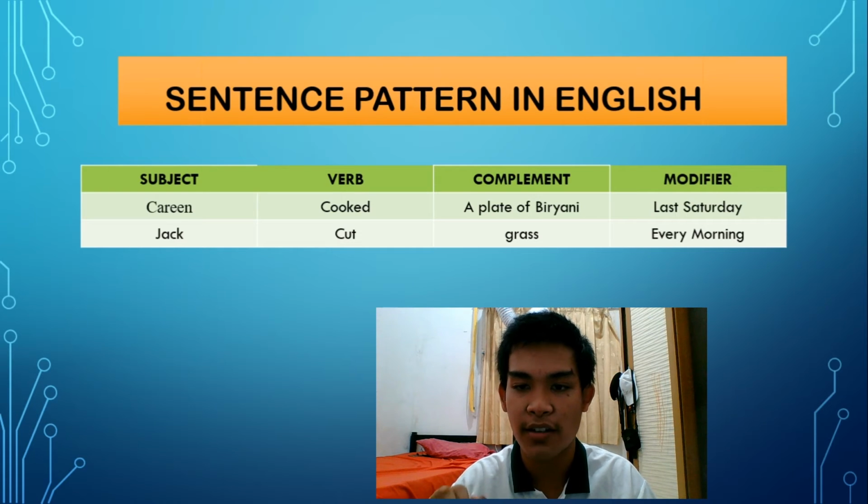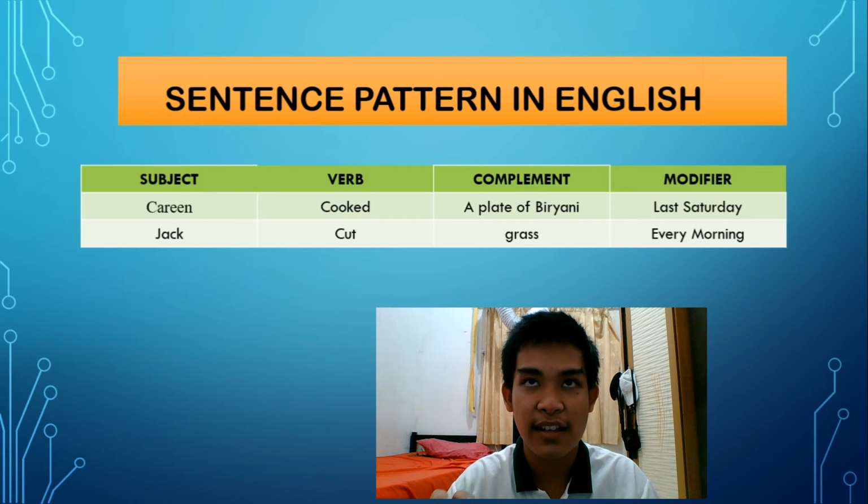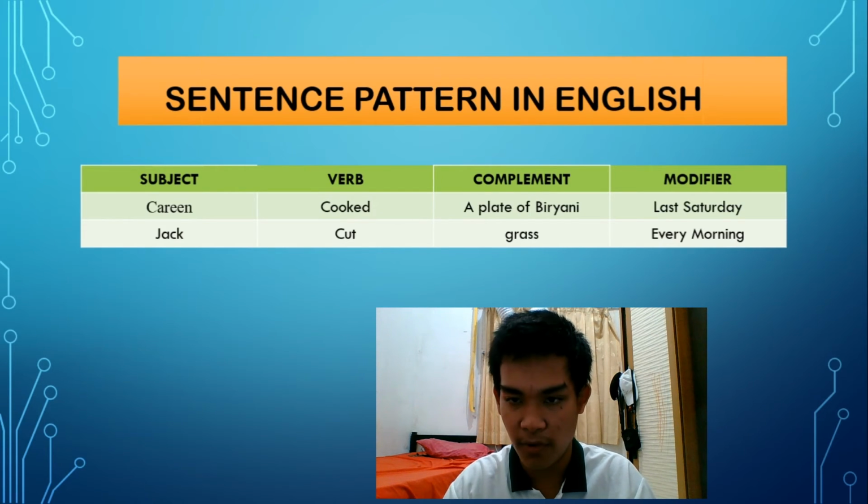And then the complement. The complement is same like adjective, or it's an explanation word. So it explains what the subject does with the complement, or what the subject holds with the complement. So it's same like an explanation of what the subject does, and it is usually a noun, or it could be noun phrase.